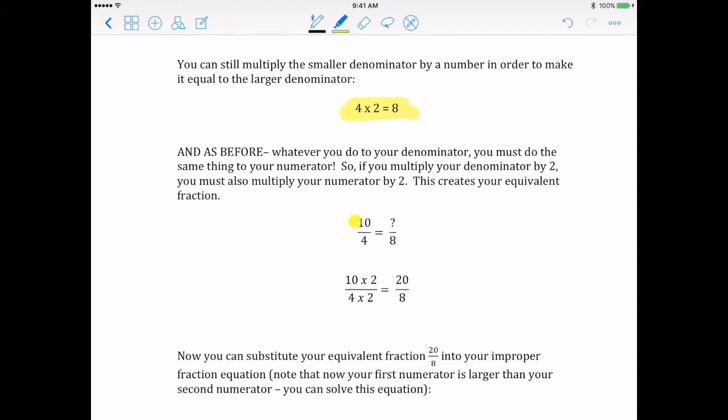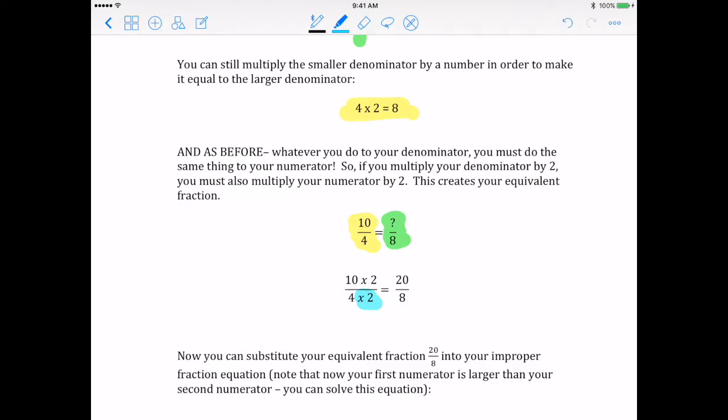So we're going from 10/4 to something over 8. Now, I'm going to multiply 4 times 2, because we said 4 times 2 makes that denominator 8.